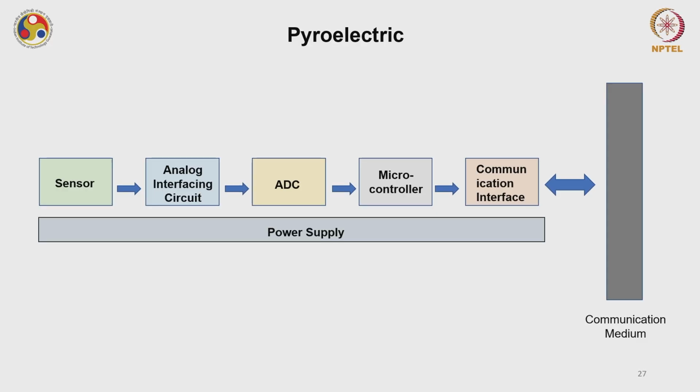Accordingly I have shown you the secondary pyroelectricity, that the top area absorbs this infrared, and at the same time it bends, it deforms. Because of that there is a disruption in the dipole moment which is existing there, and by some means we detect that, and accordingly we calibrate that something has been detected. So, that is all about our pyroelectricity.